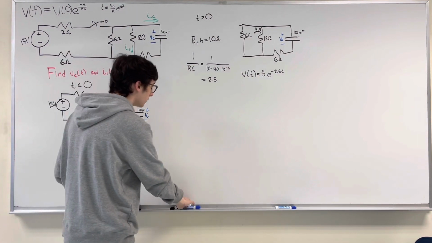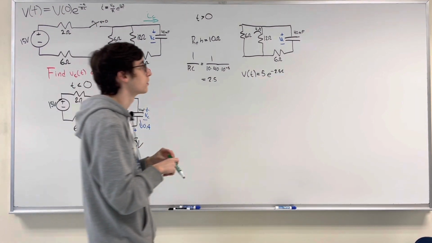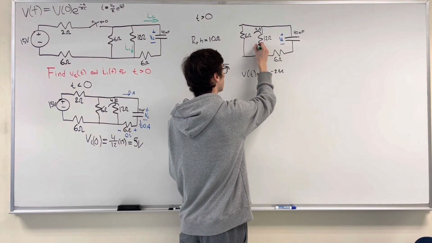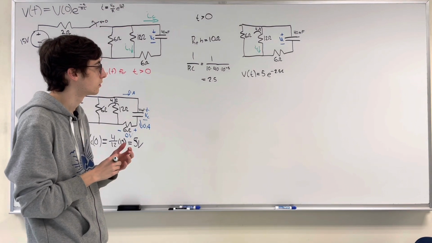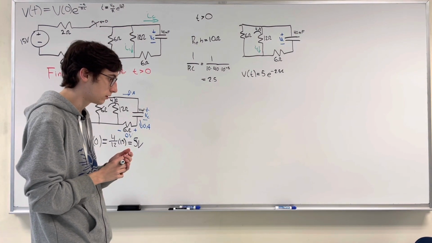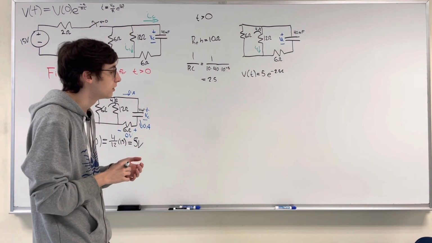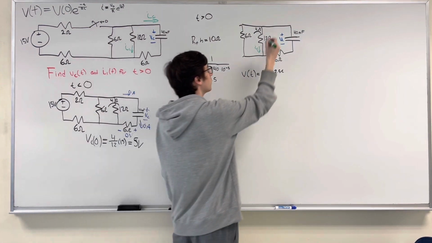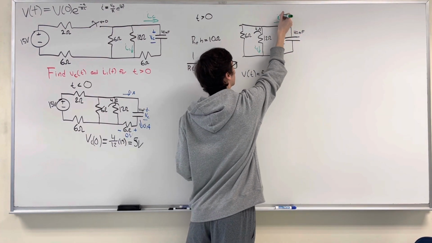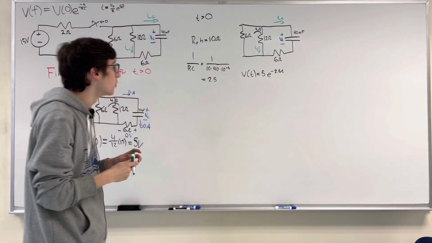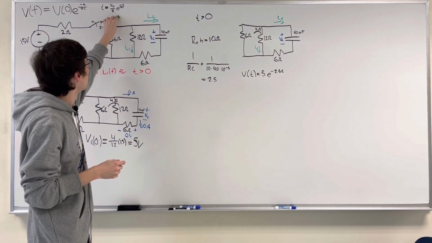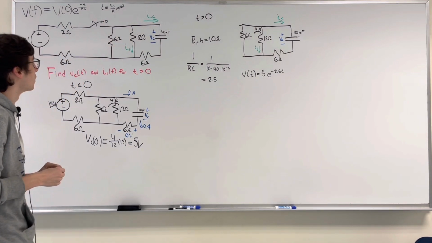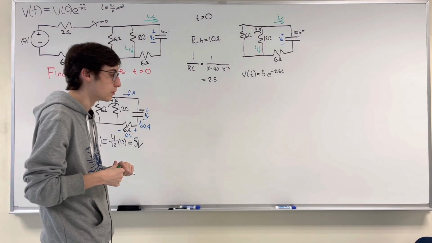The question is also asking us to find the current flowing through this resistor. To do that, we need to first find the current flowing to the capacitor, which we already denoted as the current is equal to V naught over R times the exponential to the negative t over RC.